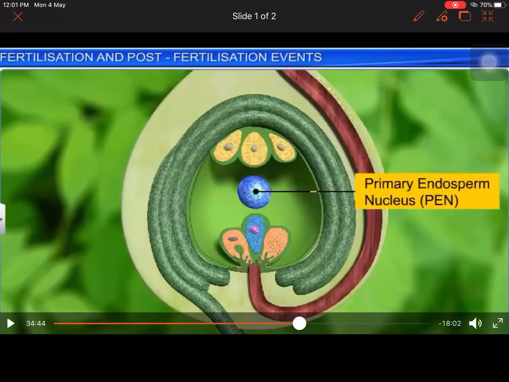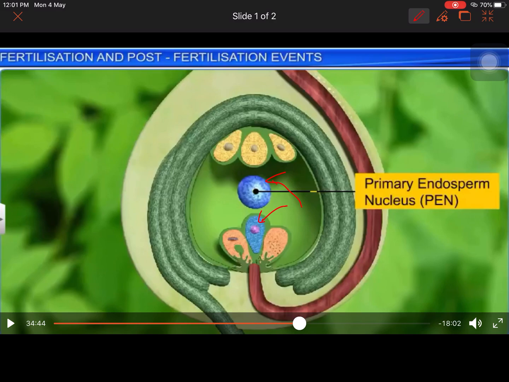Now this is called the primary endosperm nucleus. So two gametes go into the entire ovule, and one fuses with the egg cell and one gamete fuses with the central nucleus.